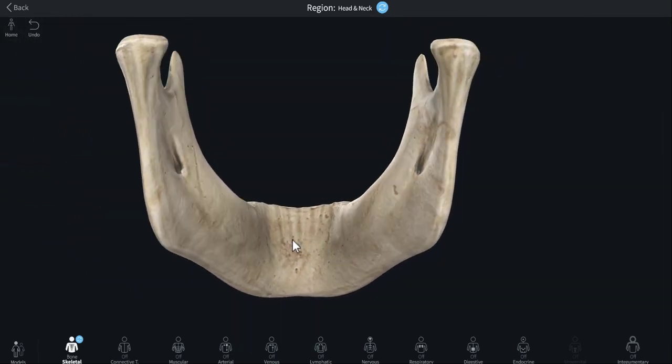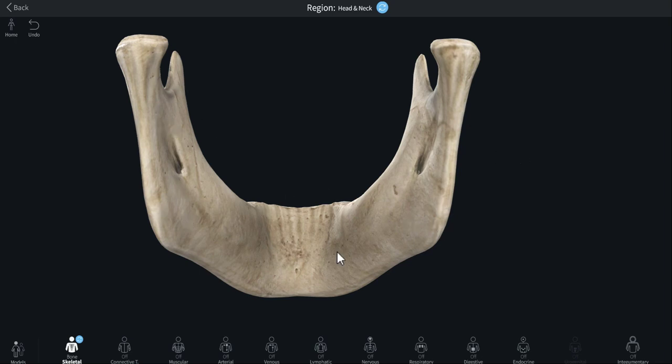Now, what we are looking at is the internal surface of the mandible, right? So this is the internal part of the body of the mandible, and these are obviously the interior parts of the rami of the mandible.